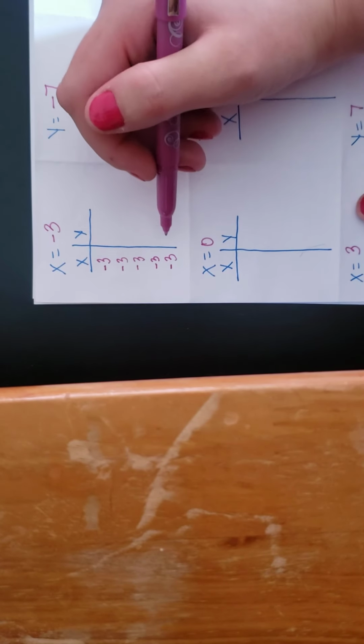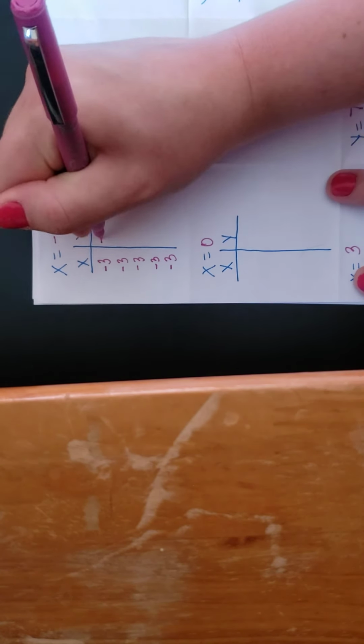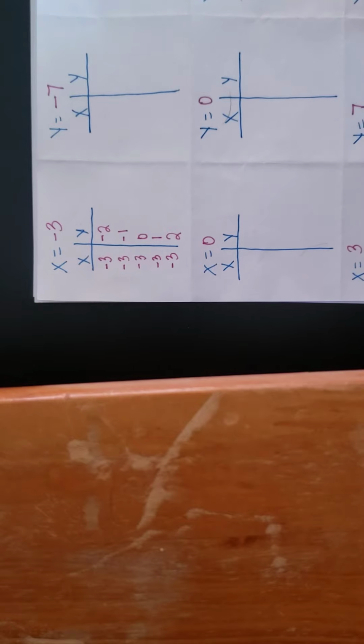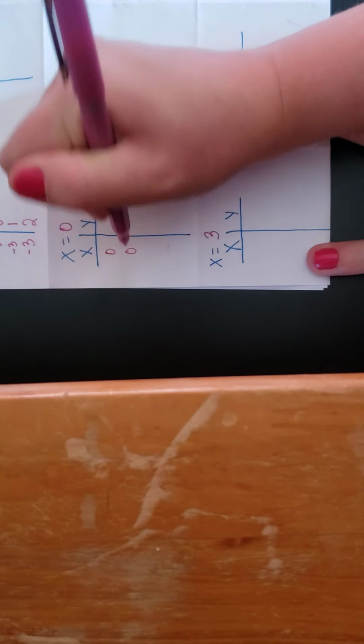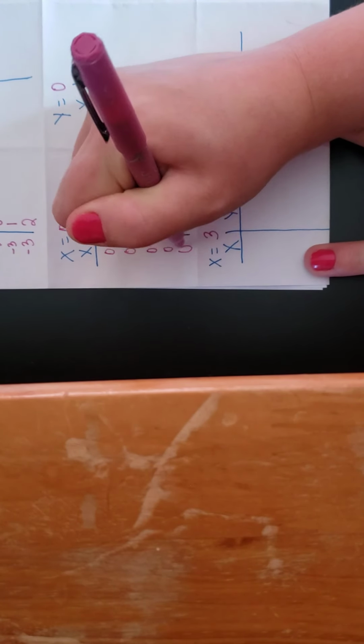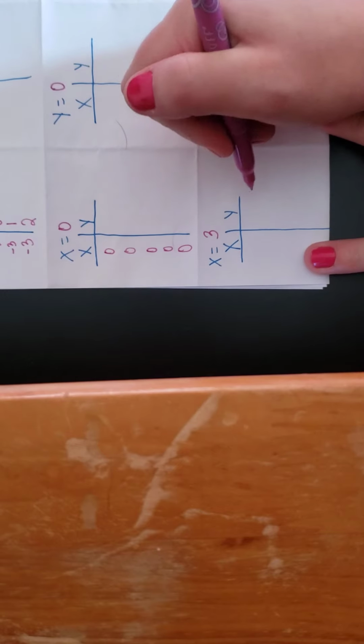From there, you can pick any y values you want. I usually just do -2, -1, 0, 1, and 2, but you can pick other values if you'd like as well. And you just do that for the other 2 as well. So for x equals 0, we have 5 zeros along the x side, and then whatever y values you want.